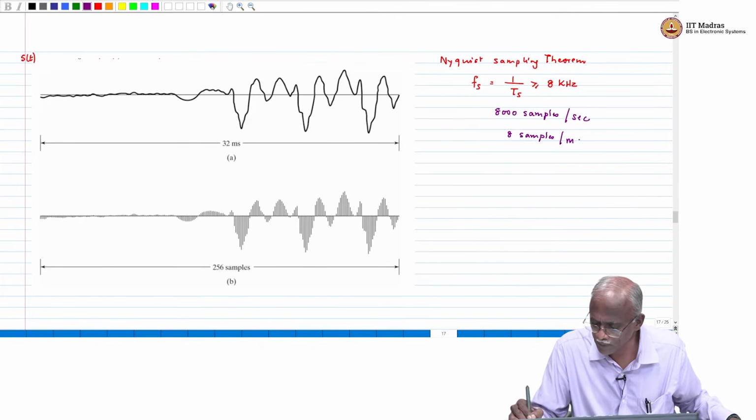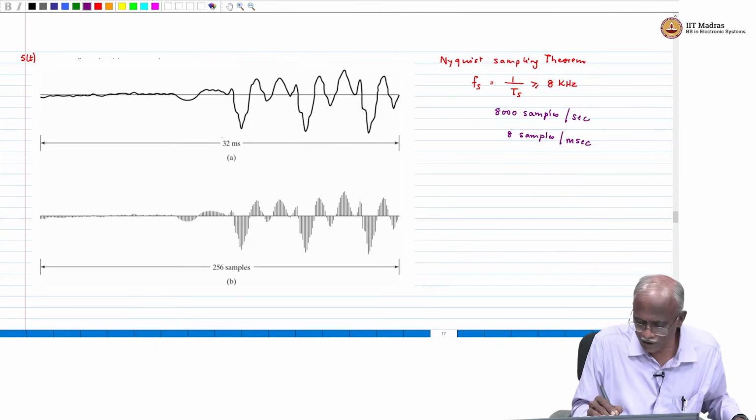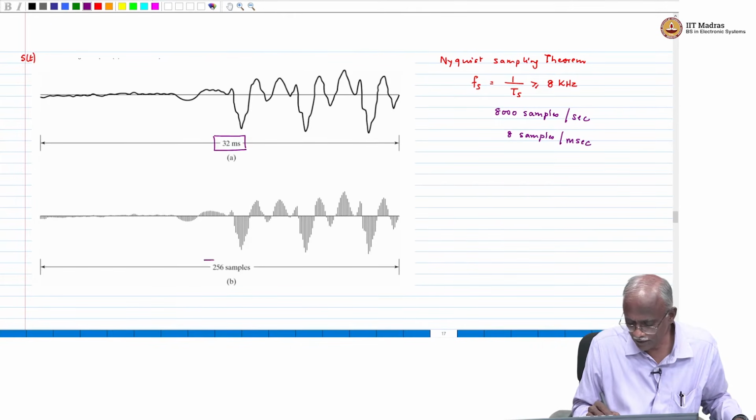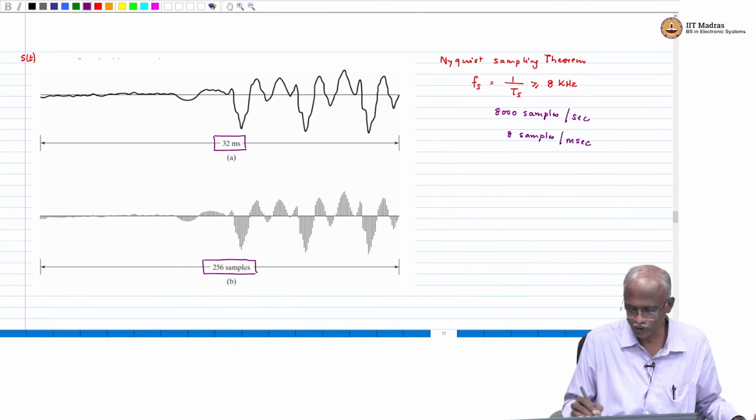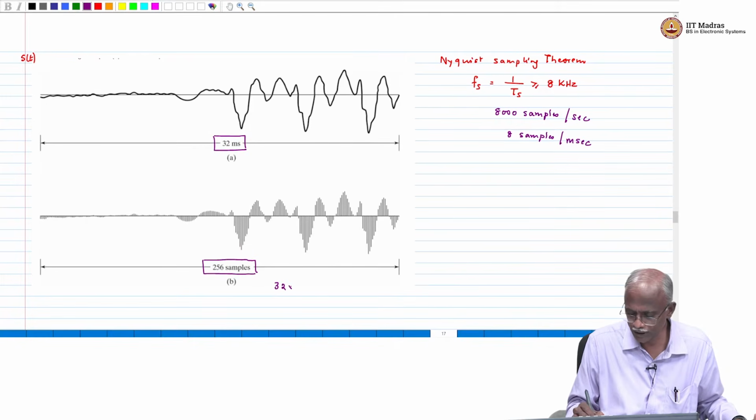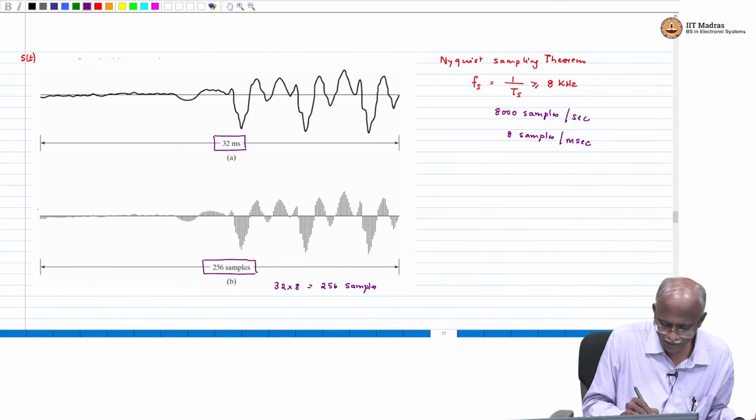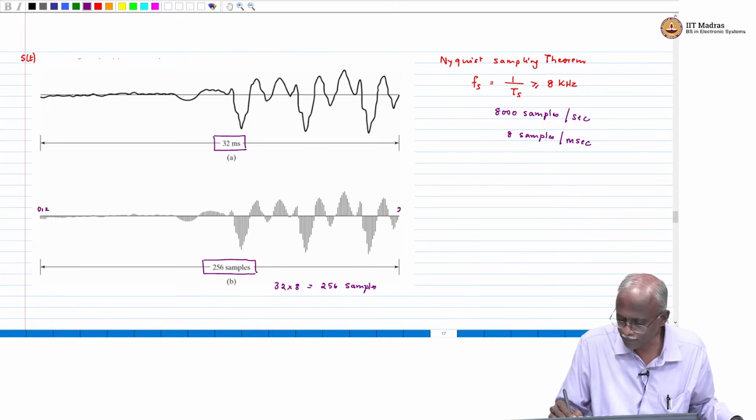So 32 milliseconds will give us 32 times 8, which is 256 samples. And you can start numbering them at 0, 1, 2 and so on, all the way up to 255.